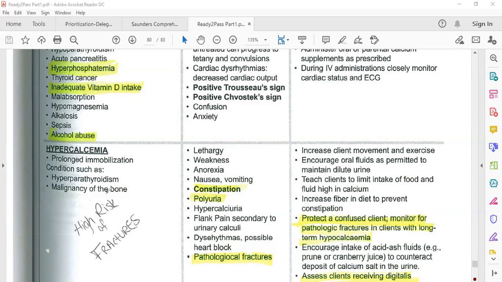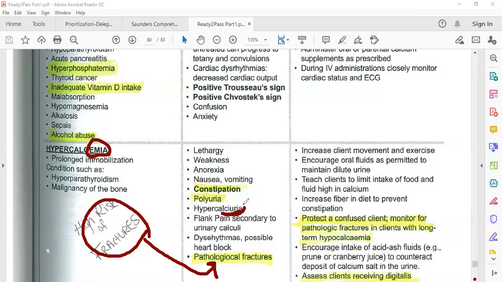The high risk of fracture is called pathological fracture. What are the other signs and symptoms? Lethargy, weakness, nausea, vomiting, and hypercalciuria, meaning calcium in the urine. Hypercalcemia means high calcium in the blood, and hypercalciuria means high calcium in the urine.